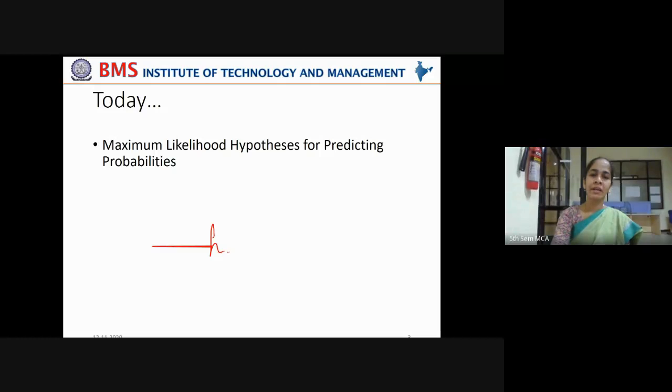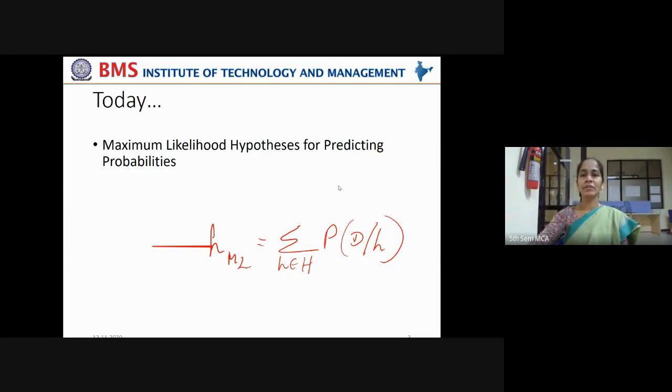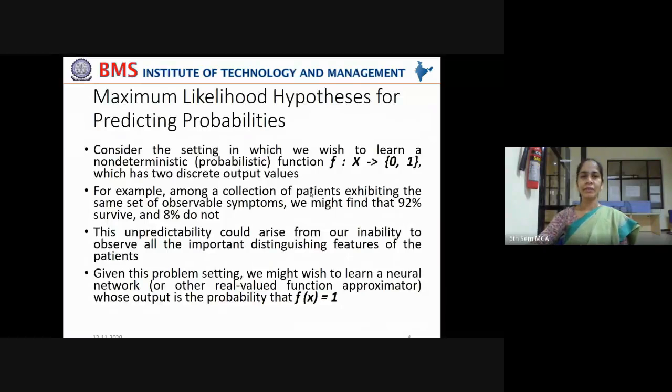We have derived that H_ML is argmax over h belongs to H of probability of D given h, right? This is called the maximum likelihood hypothesis, and how it is used for predicting the probabilities we are going to see.